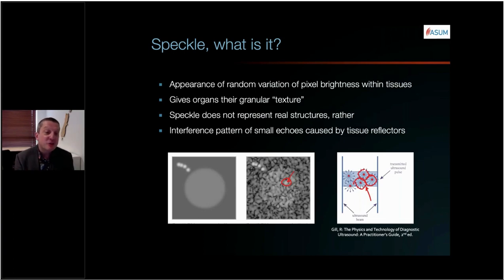So next time you look at tissue texture, for example, of a liver or kidney, remember the texture itself and the distribution of brighter and darker pixels does not necessarily represent real structures. Certainly, very large structures such as vessels or masses or organ boundaries are depicted for us accurately on the ultrasound, but the tissue texture is largely due to acoustic speckle.